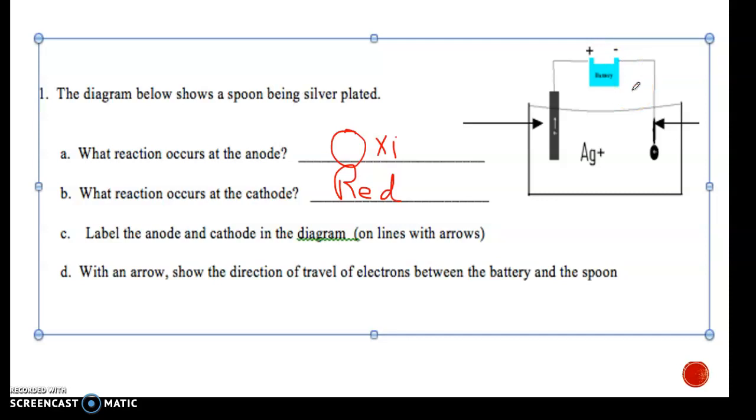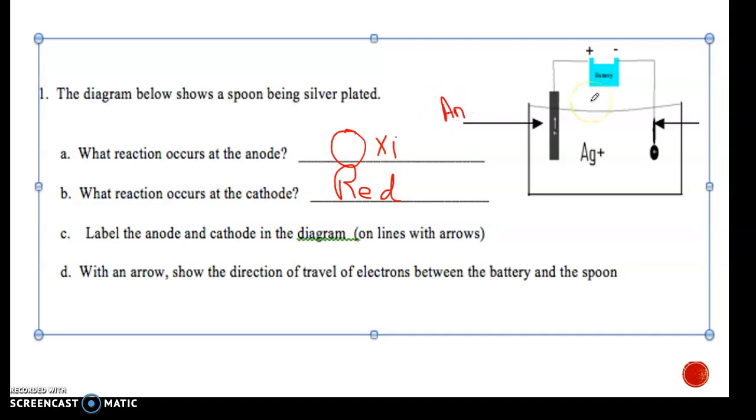Well, we know that the anode was negative in a voltaic cell. So in an electrolytic cell, it has to be the opposite. So the anode is the positive. So my anode is going to be attached to my positive prong on the battery. So that means the silver is going to be my anode.